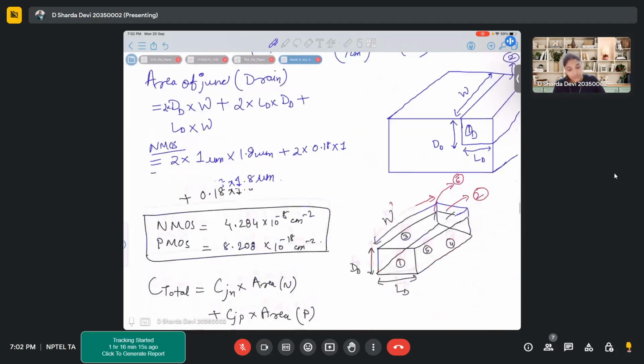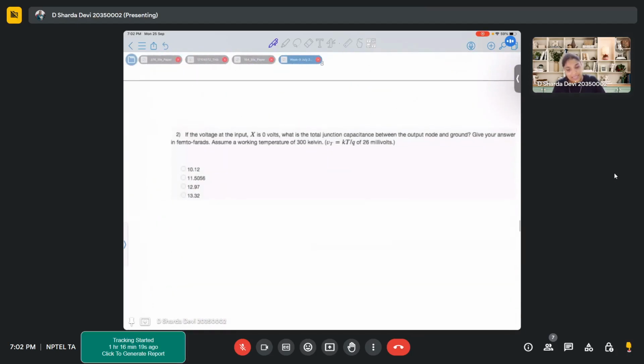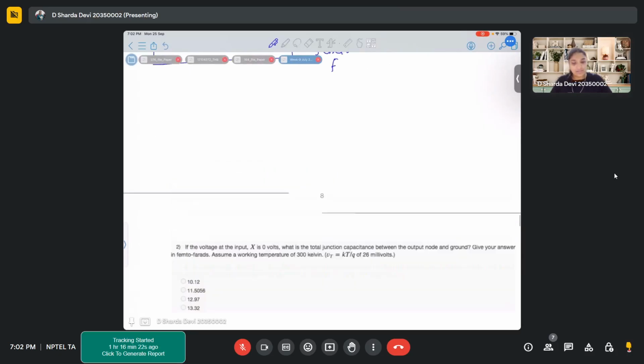Now moving on to the next problem for the same circuit again.